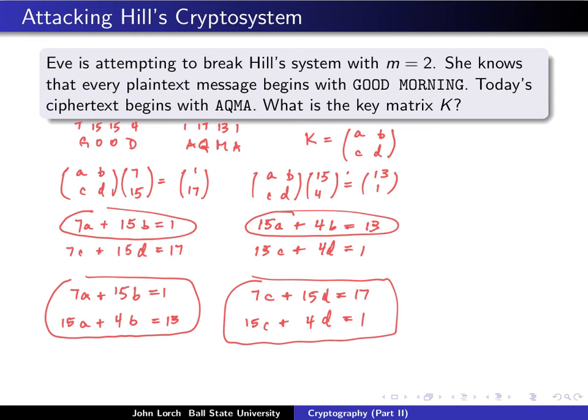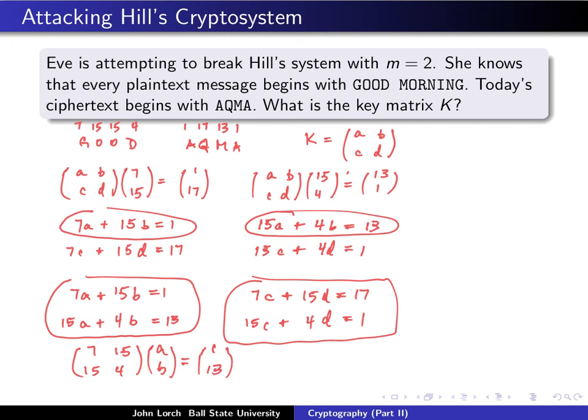So, we can write this as, if we choose, 7, 15, 15, 4 times vector AB equals 1 and 13.